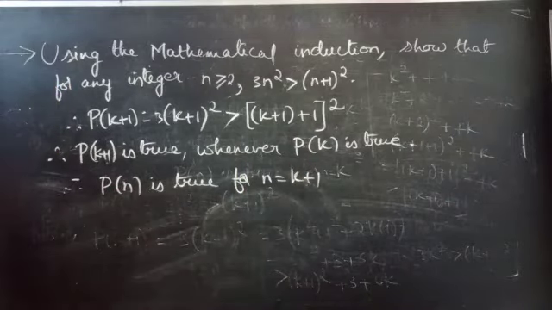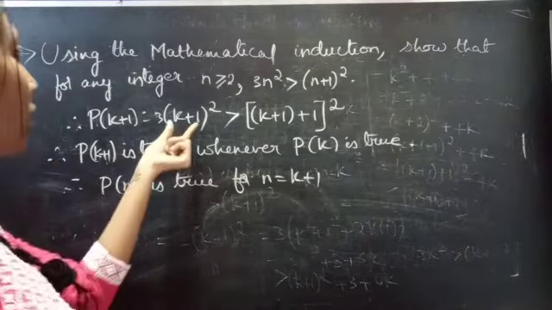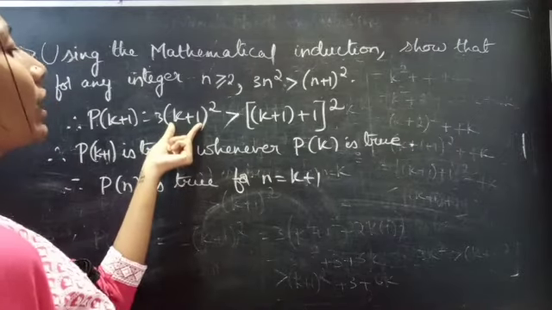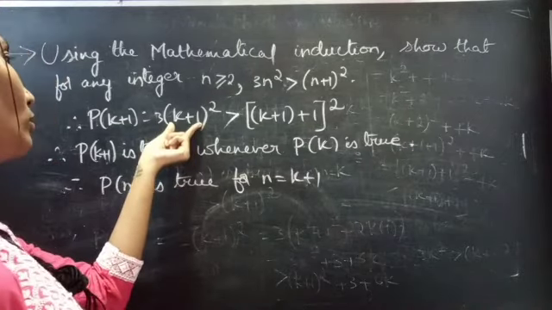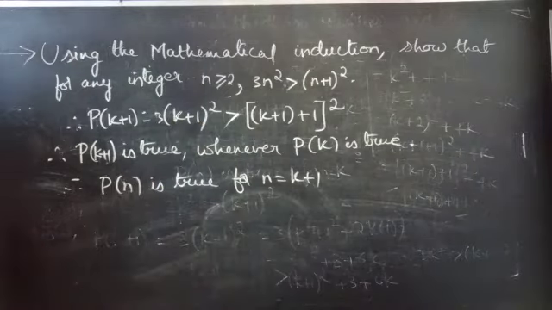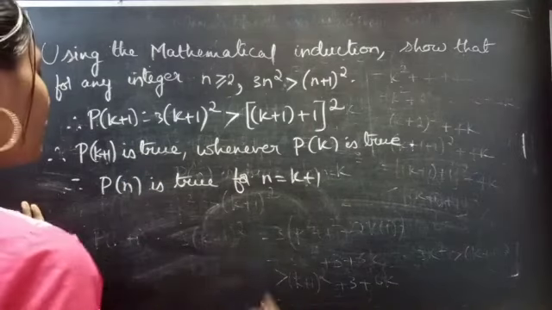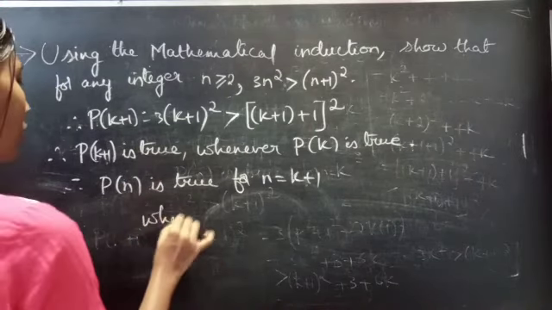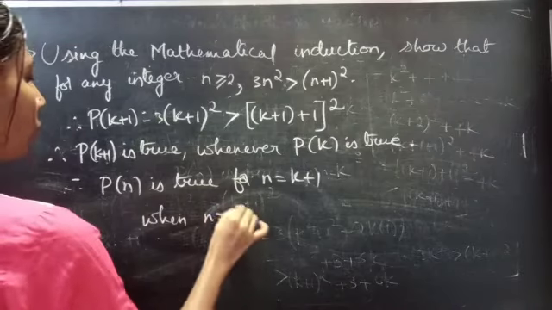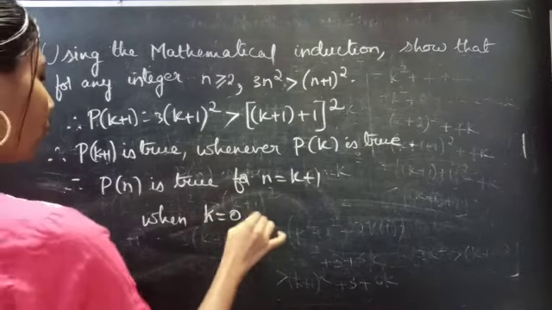Okay. So one more condition here, k must not be equals to minus 1 or 0. So let's see what happens if we put k equals to 0.